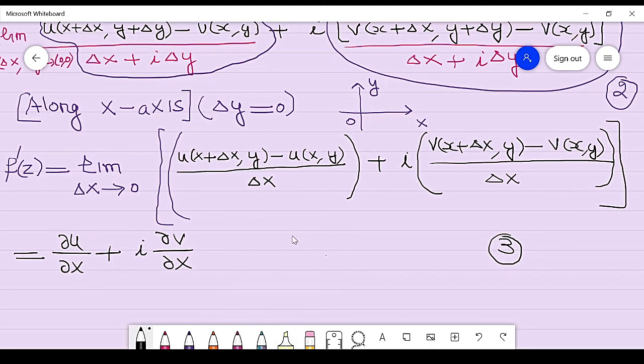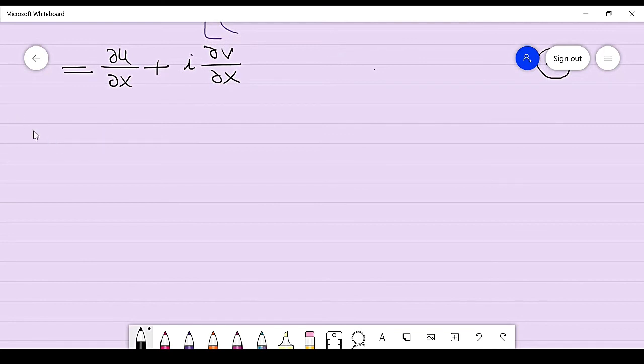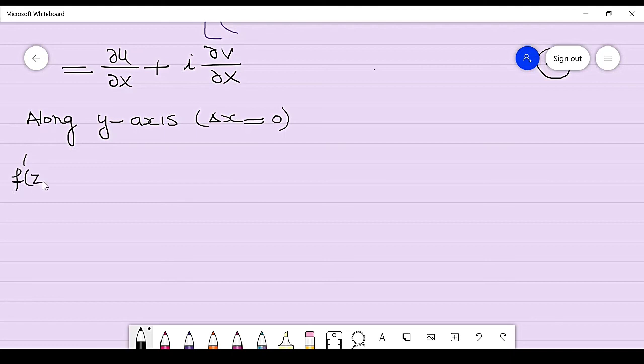Now the second part, f dash z along the y-axis. Along the y-axis, delta x approaches 0. If delta x approaches 0, f dash z becomes the limit as delta y approaches 0. Delta x खत्म हो गया, तो डेल्टा y ही रह गई.